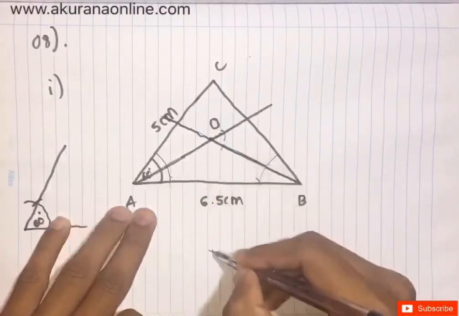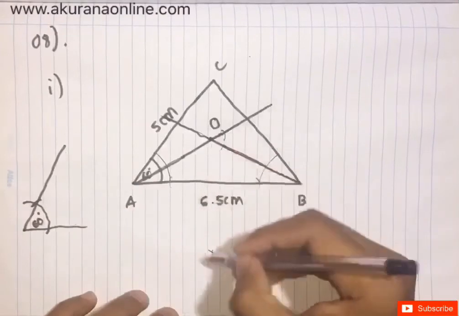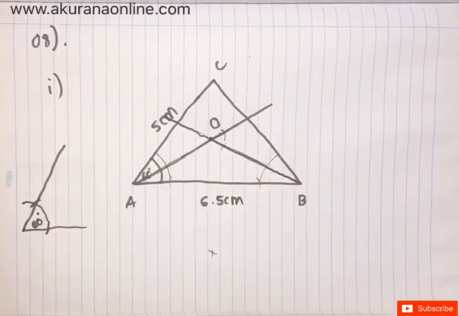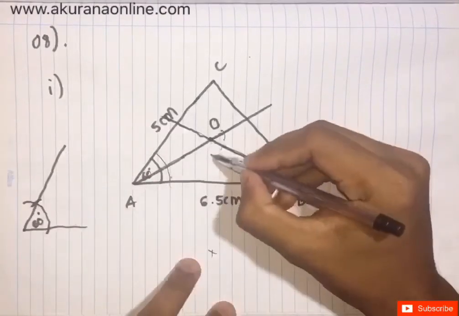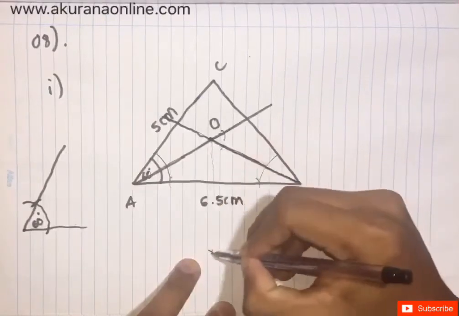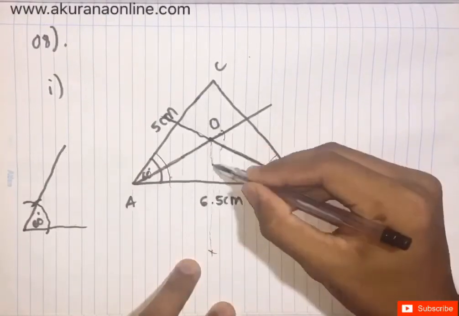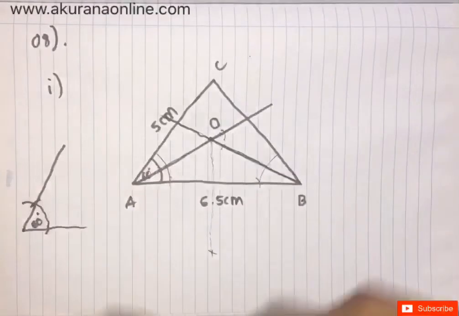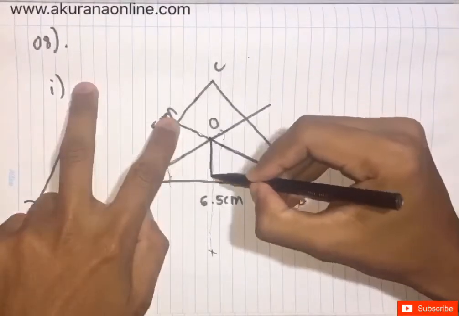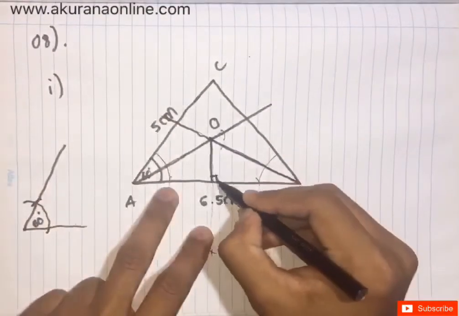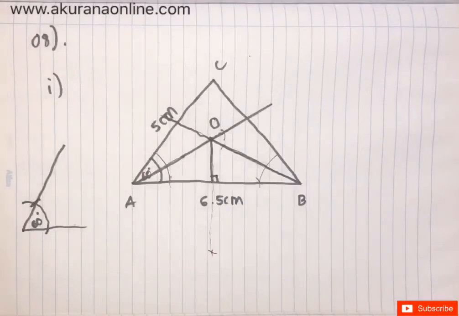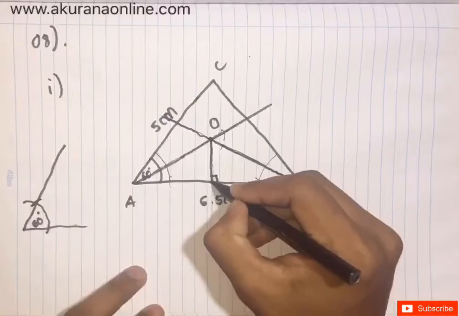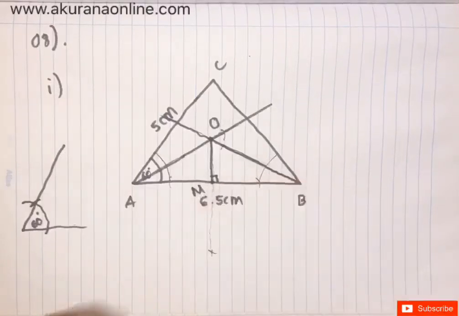Keep the compass here, make an arc here. If you join this line, you will be getting a perpendicular line here. So I'll draw only this part. So you have 90 here. Now what are they saying? To the side, name its foot as M. This you have to name as M.